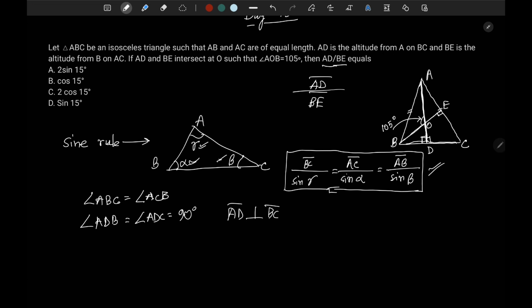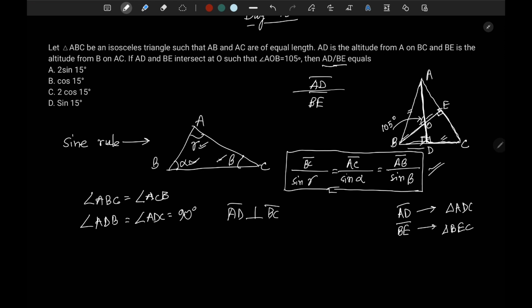So we can take any of the triangles. Our AD is associated with this triangle, let's say ADC. And what about BE? BE is similarly associated with, let's say, this triangle BEC. Why are we taking BEC and not BEA? Because when we are taking this triangle ADC, we have this DC side, and when we are taking this triangle BEC, we have the BC side.